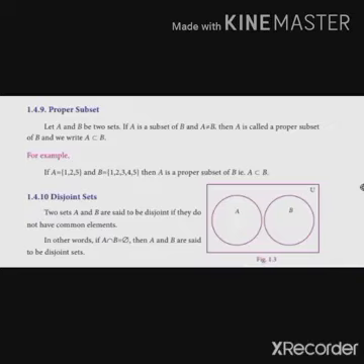They do not have common elements, meaning A intersection B is equal to the null set. There is no common part, so there is no joining.